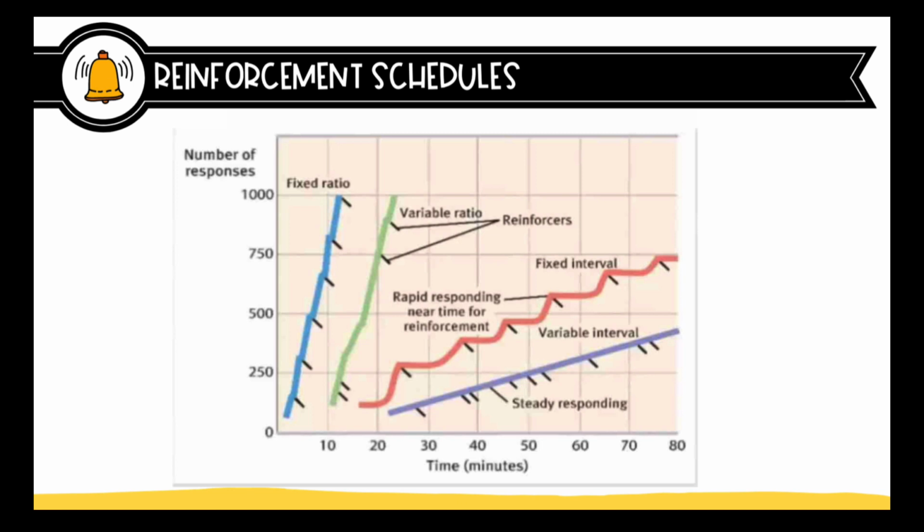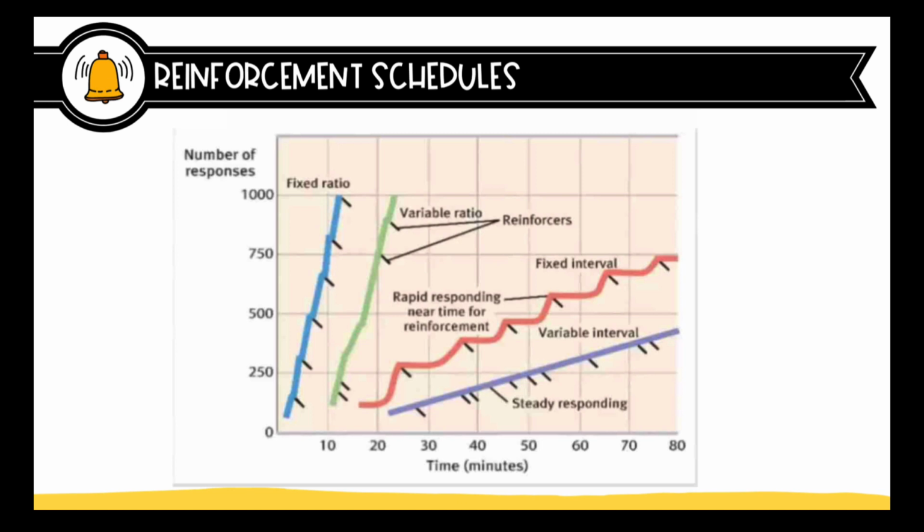So notice that there's lapses in the responding, because the subject knows when the reinforcements are coming. So it's like, oh, I have to do this thing 3 more times, for 3 more hours, and then I'm going to get my reinforcement, my pay, right?